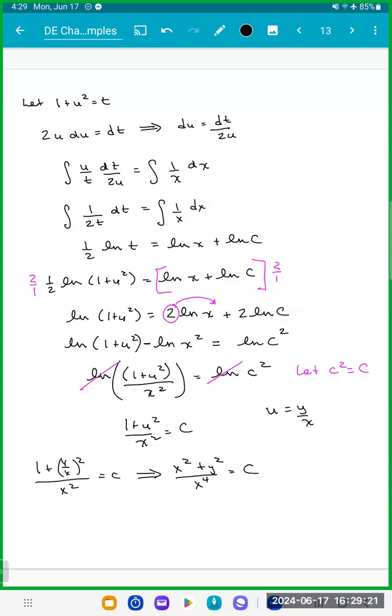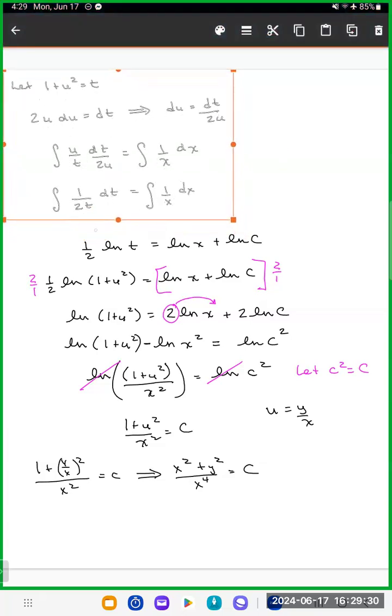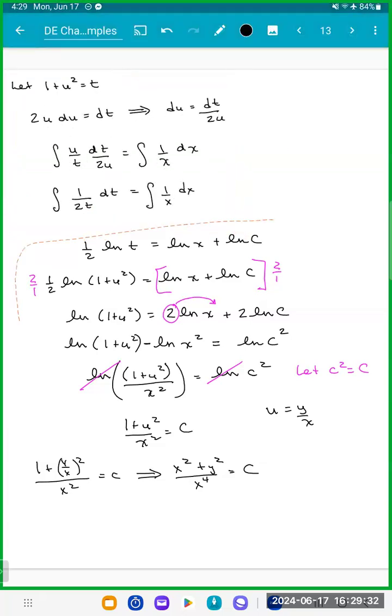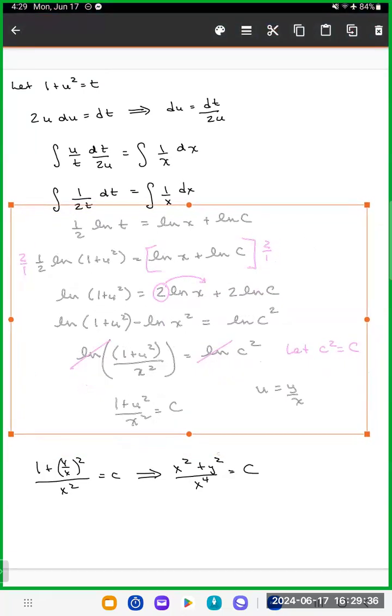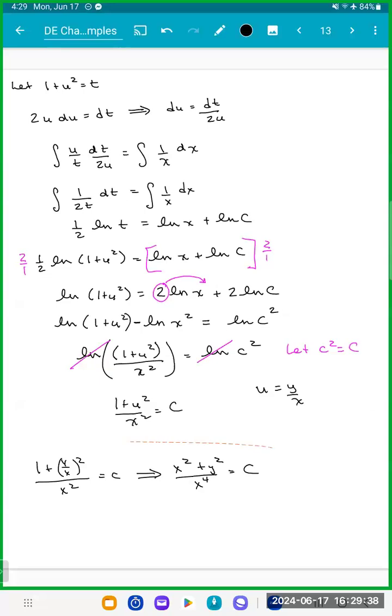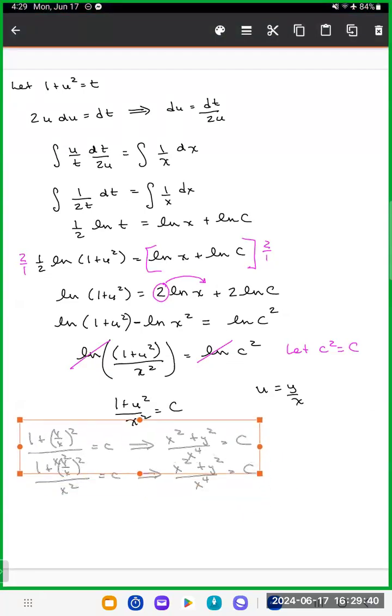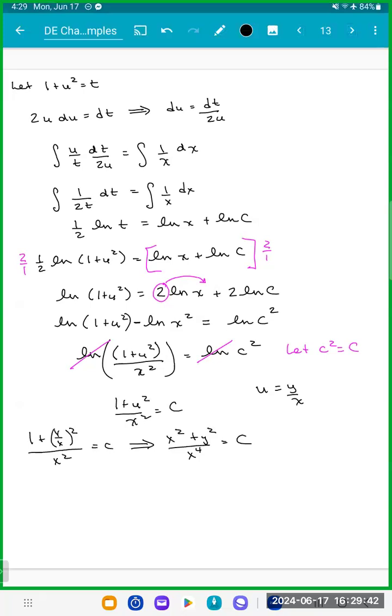We were given an initial condition where, I'm going to see if I can speed this stuff up a little bit, give us a little bit more room. So we have that initial condition where we were given that y of -1 equals 1.